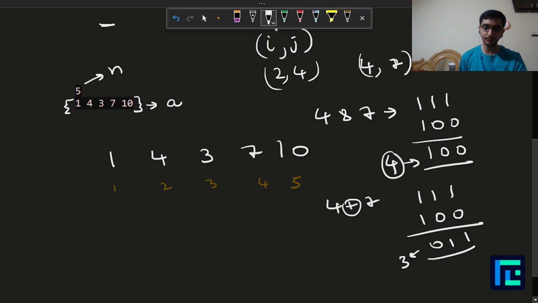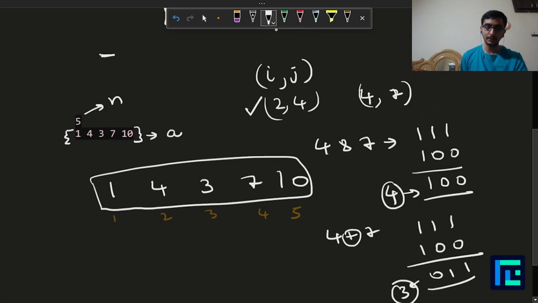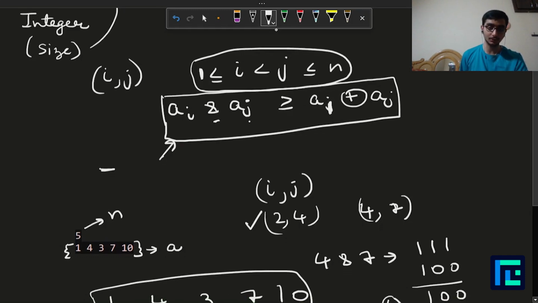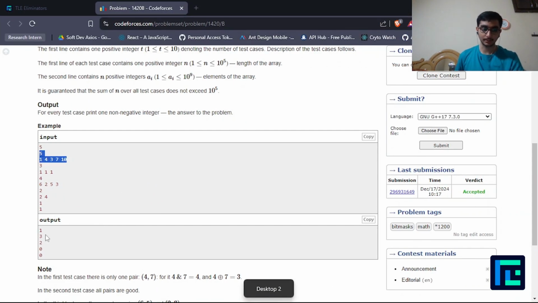So the bitwise AND is 4, but the other value is 3. So yes, this is a valid pair, but you can calculate for all other pairs yourself, and this property of ai bitwise AND aj greater than or equal to ai bitwise OR aj does not hold. So the answer here would be 1, depicted here as well. So the answer is 1.